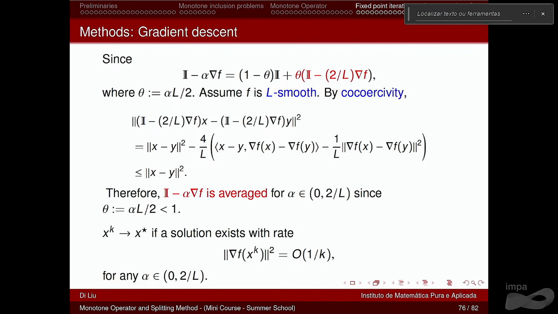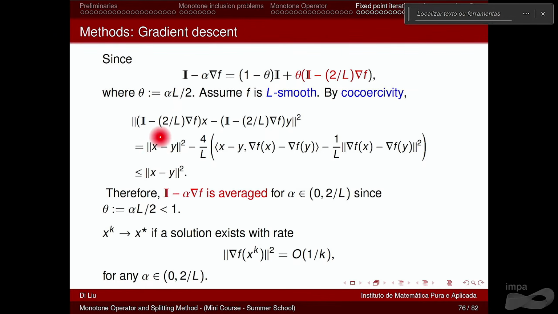Since f is smooth, we know that the gradient of f is coercive. And since the gradient is coercive, this term is greater than 0. So this whole term with the minus 4 over L is negative. So we can get that this is less than ||x - y||.